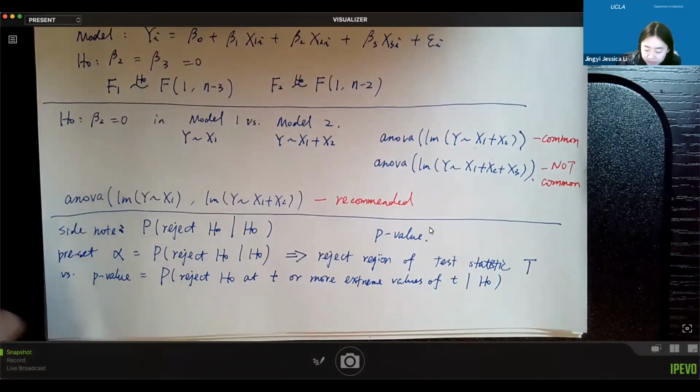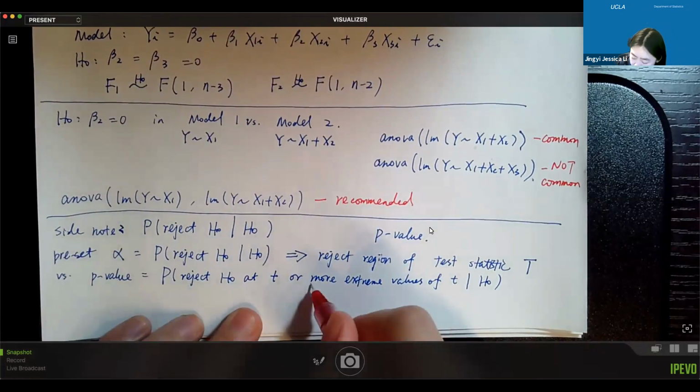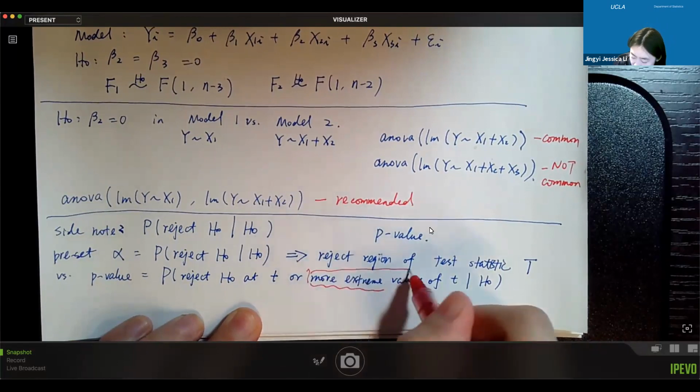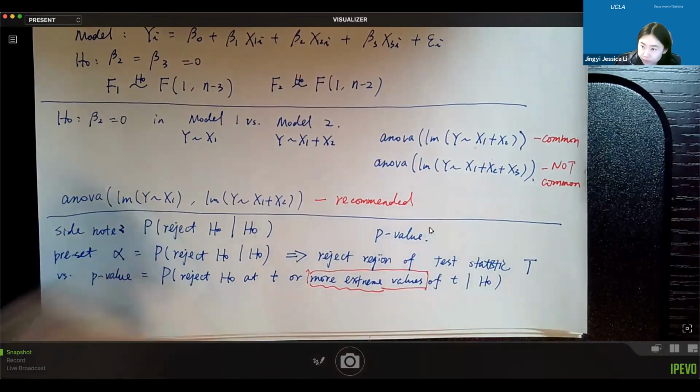So the key thing here is what means more extreme. The definition of extremeness will depend on the alternative hypothesis.